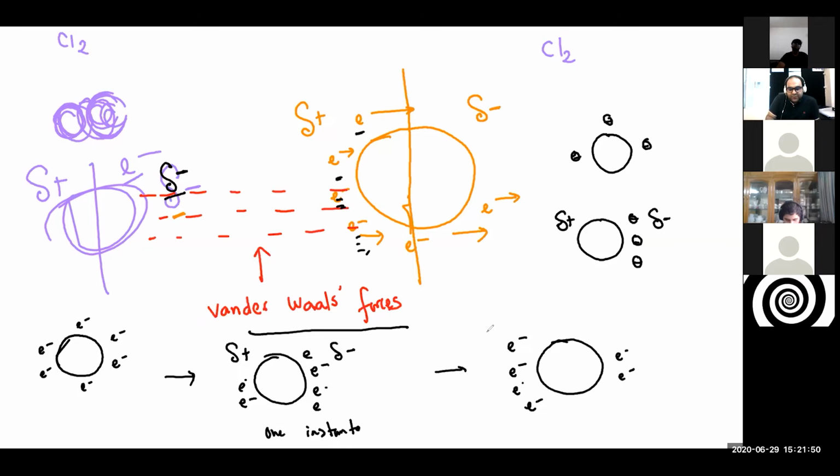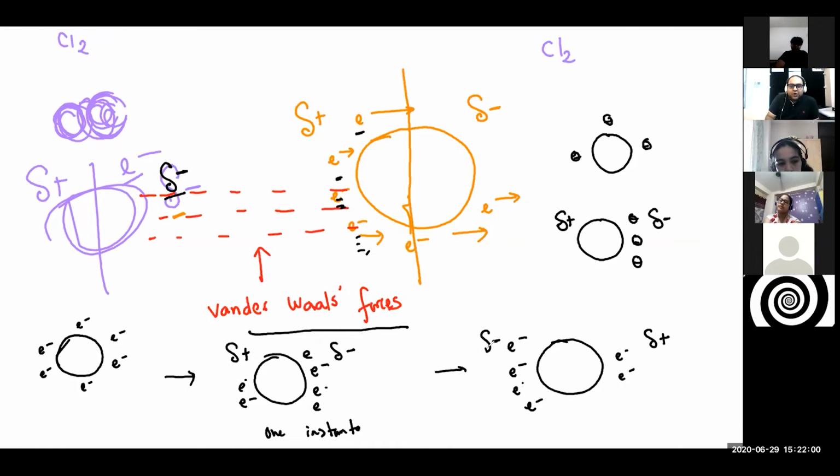So this becomes partially negative, and this becomes partially positive. This shows that nothing is constant. It is constantly changing. That is the reason this is known as temporary dipole forces.